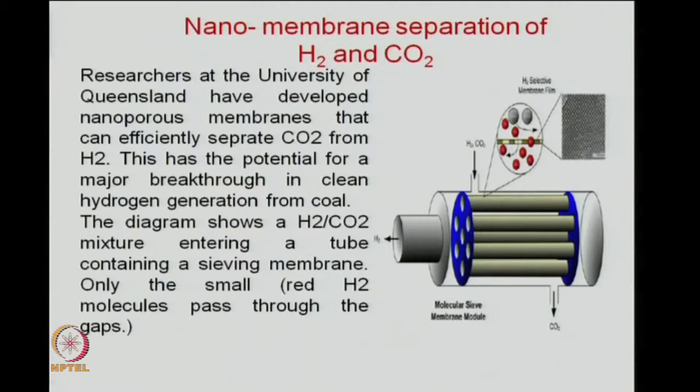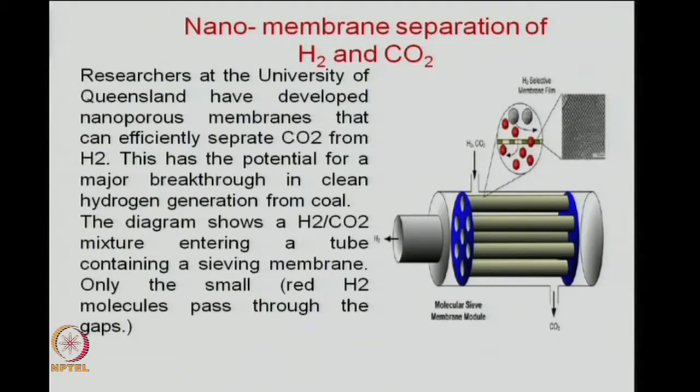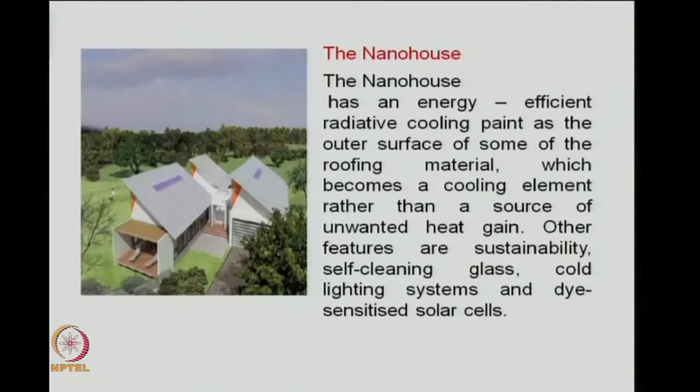So, normally when you have hydrocarbon or petroleum based industries, they produce these hydrocarbons, and from these hydrocarbons you get carbon dioxide and hydrogen, which can be used in applications, but you have to separate the carbon dioxide and hydrogen. So, these kind of membranes are very important, and then if you can separate hydrogen from carbon dioxide, then this hydrogen can be used as a fuel and can produce energy. And so, this kind of application based on nanomembranes is of tremendous interest.